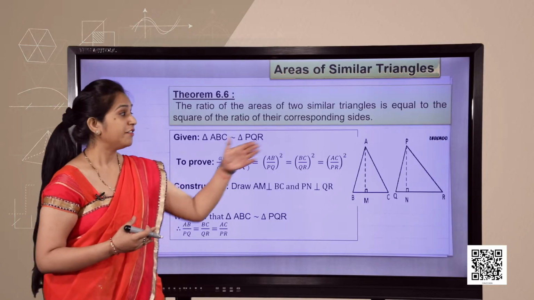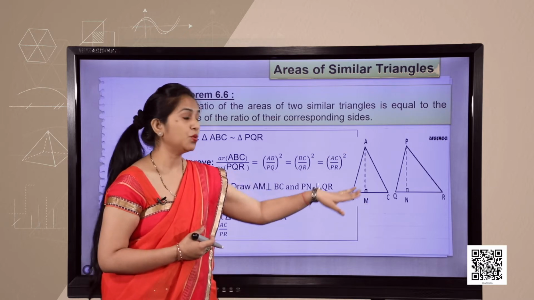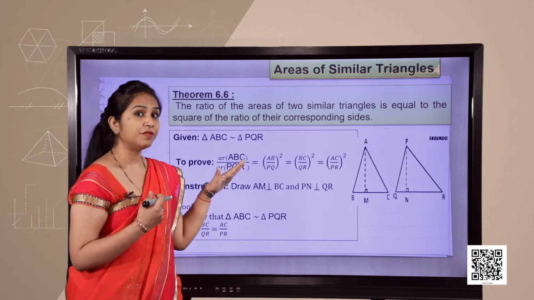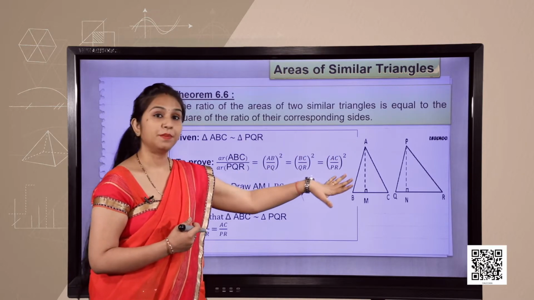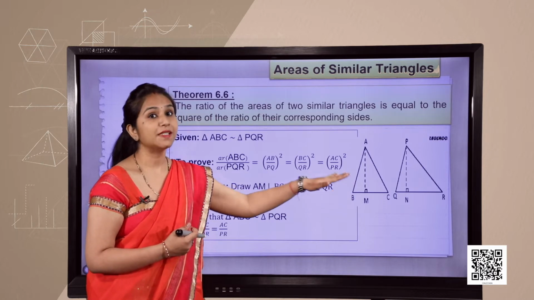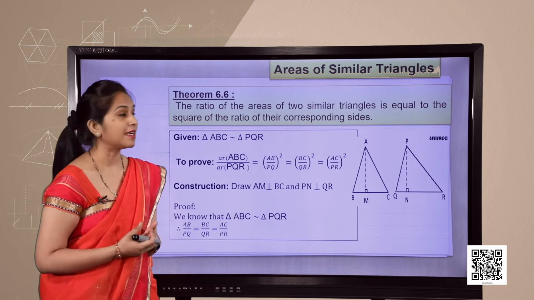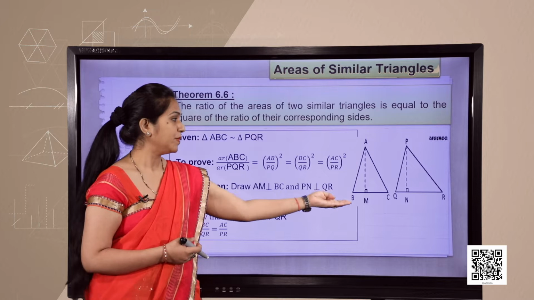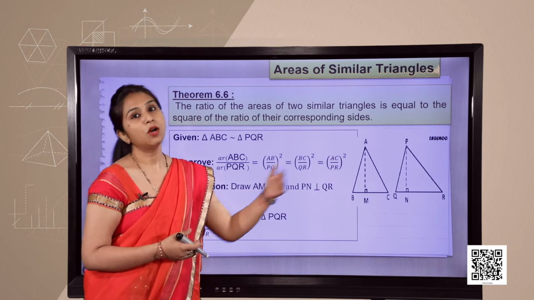In short, if triangle ABC is similar to triangle PQR, then according to the area theorem, we have to prove that area of triangle ABC upon area of triangle PQR, means their ratio, is equal to the square of the ratio of their corresponding sides, that is (AB upon PQ) whole square is equal to (BC upon QR) whole square is equal to (AC upon PR) whole square.